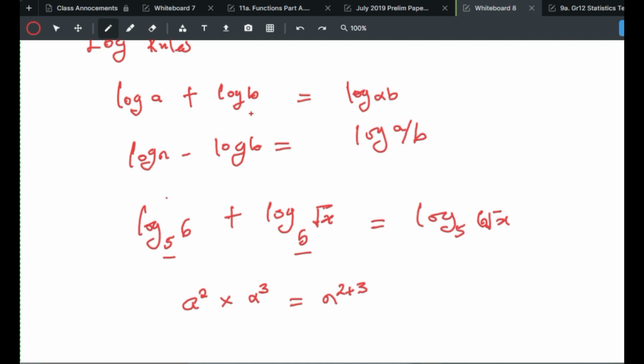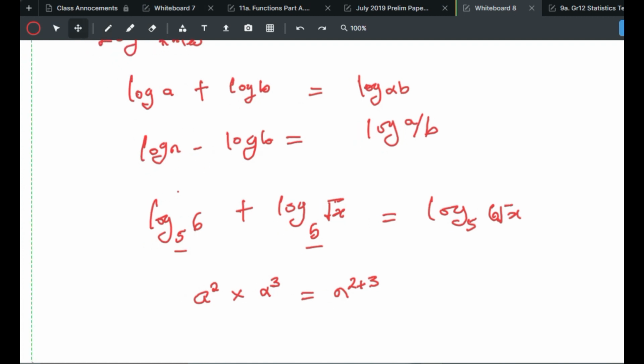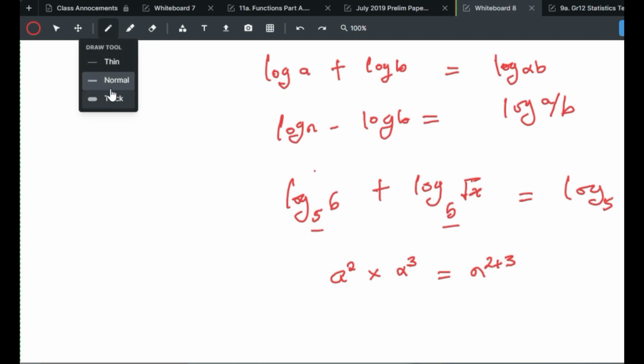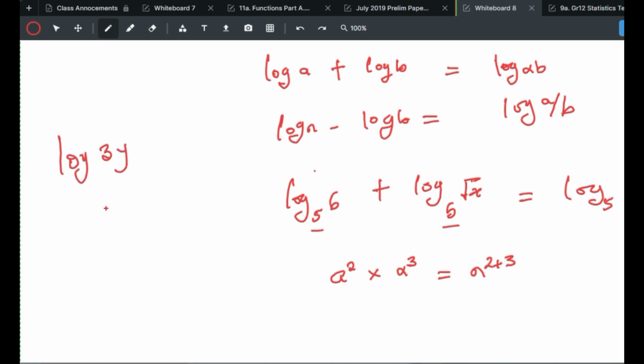Yes, sir. Okay, so that's exactly what they understand by, and the same thing is also involved for the second one. Let's say you need to split it. You have log y over 3.